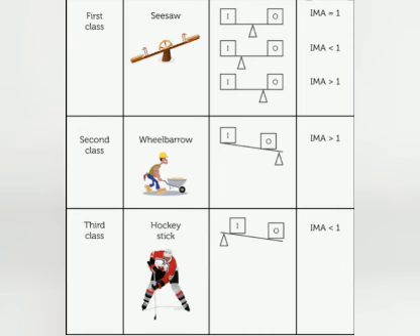In class second lever, the load lies between the effort and fulcrum, and the mechanical advantage is always greater than 1. In class third lever, the effort lies between the load and the fulcrum, and the mechanical advantage is always less than 1.